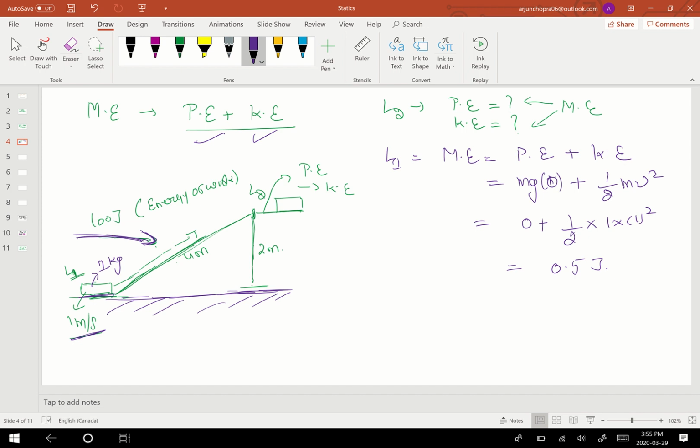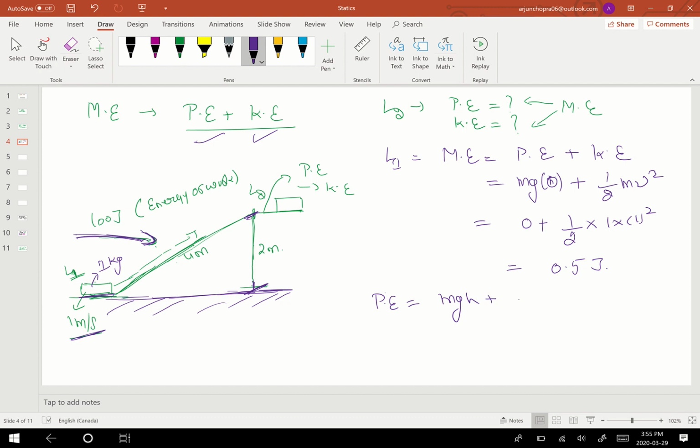Now I added 100 joules of energy. I wanted to find, first of all, the potential energy at this point. Potential energy at location 2 will be equal to mgh.